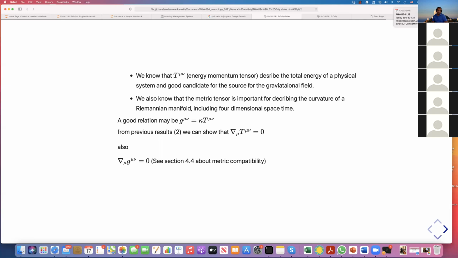And if you need to know why I wrote these two, just look at equation 2 in the note, which gives you grad mu G mu nu equal to 0. And this one comes from section 4.4 about the metric compatibility that we discussed, I guess, last week. So this is related to the previous lecture. We have discussed all these things before.